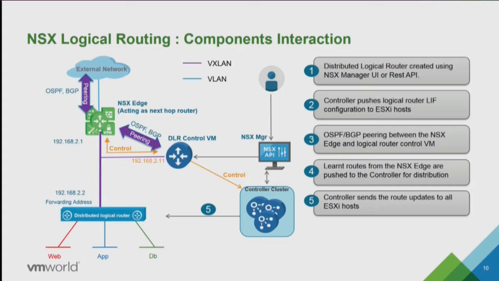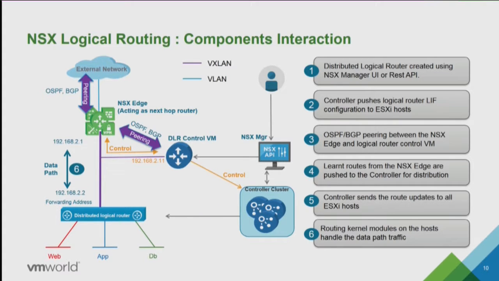So you see that it's happening, in fact, in 3 steps: learning the route from the edge toward the control VM, that is really running the protocol, pushing the routes to the controller cluster, and pushing it back to each and every hypervisor. And from there, now we've got full communication, and so we can really communicate with the external world.